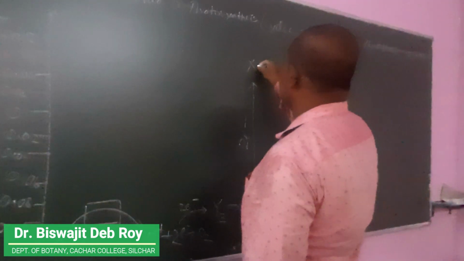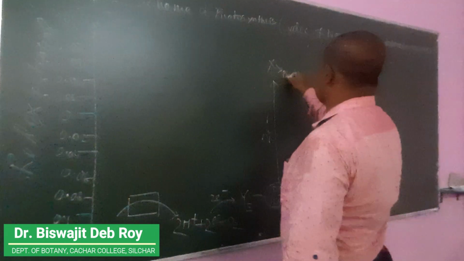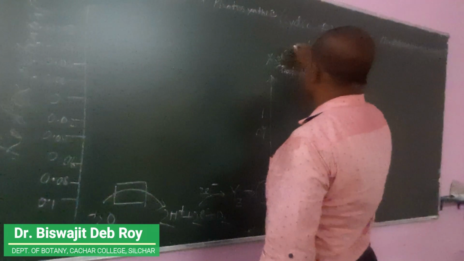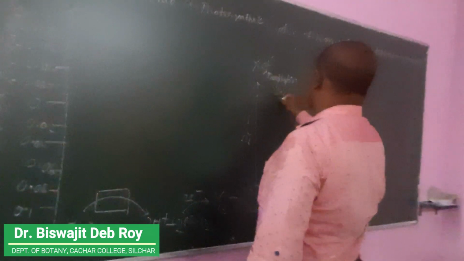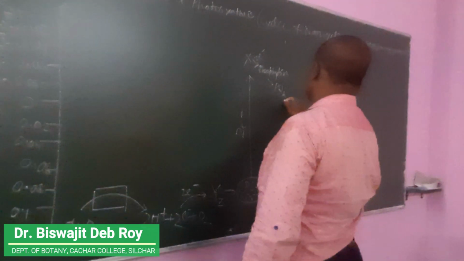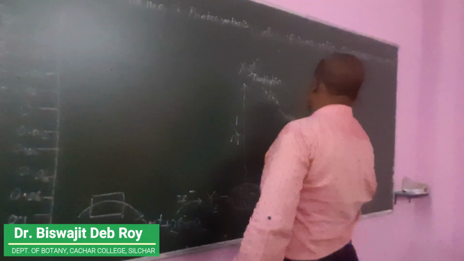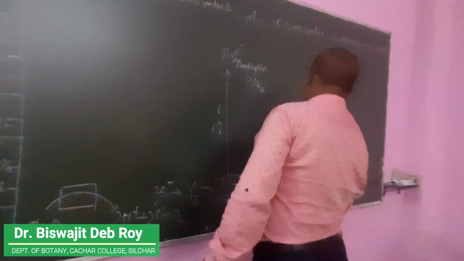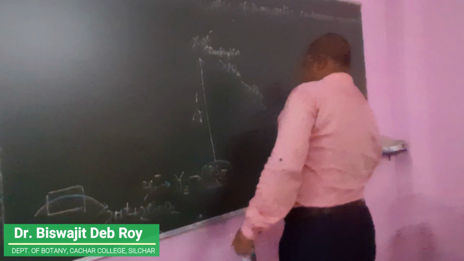The primary acceptor is an unknown substance, say X. Then X transfers the 2 electrons to pheophytin. Then pheophytin will transfer to plastoquinone A. Then it will be transferred to plastoquinone B, then to the cytochrome b6f complex, then to plastocyanin.